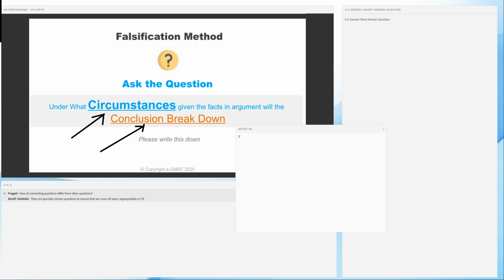A premise, in other words, is anything that's mentioned in the argument that supports the conclusion, which means it's a strengthener.